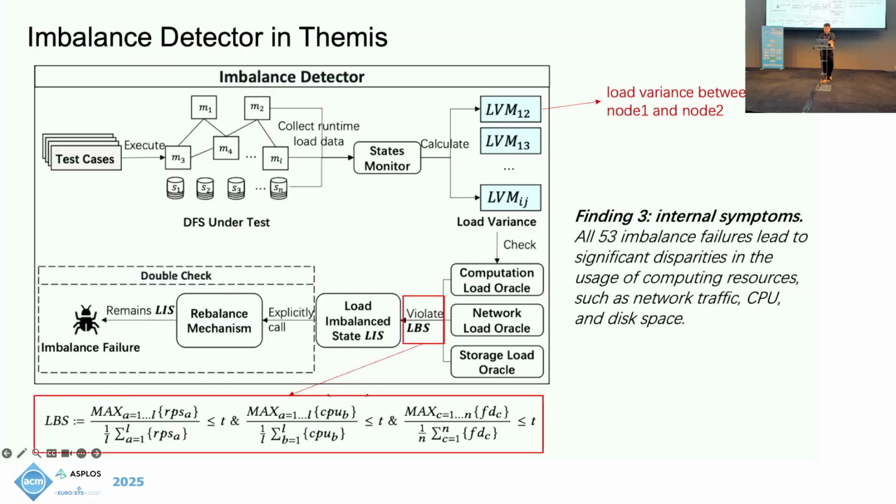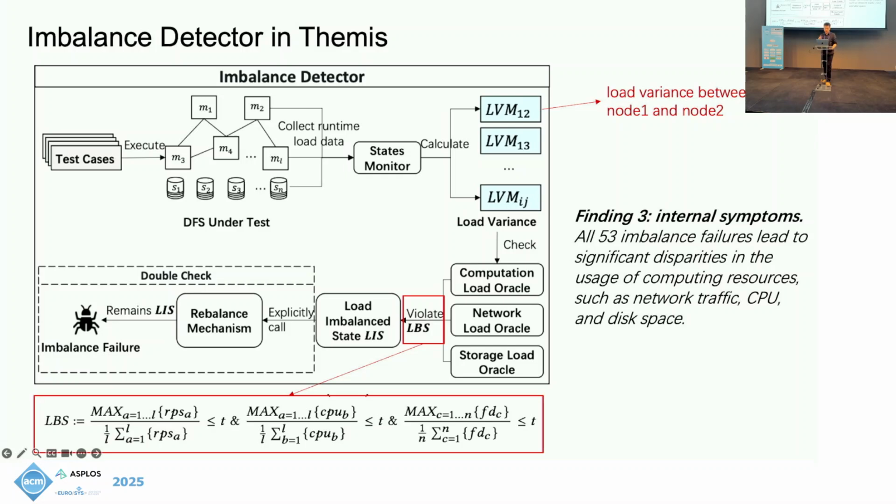According to our findings, the imbalance detector is designed to monitor the runtime load status of nodes in the DFS and identify any unreasonable load imbalance. Specifically, we check whether the maximum load among the nodes exceeds the average node load, and we have a threshold T to judge whether the current load variance is considered a bug.